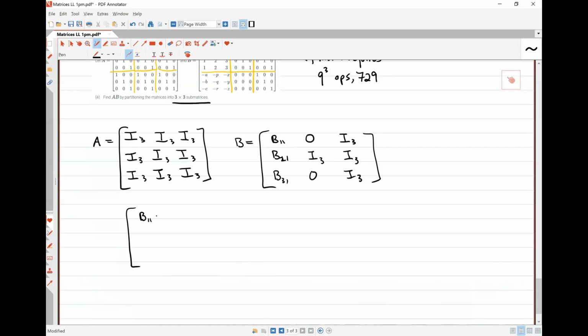This is A times B: B11 plus B21 plus B31. But now the next one, I'm doing first row, second column. This is going to be 0 plus identity matrix plus 0, right? Because 1 times 1 is 1. So that's just going to be I3, right? That's going across here and down here is where I'm getting that entry.